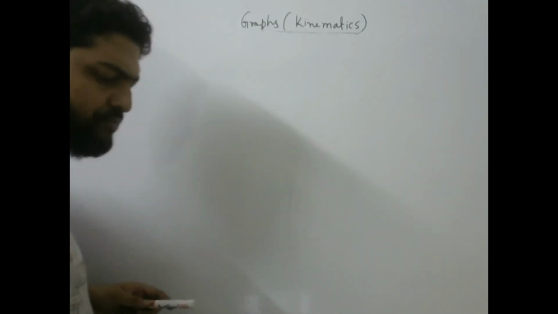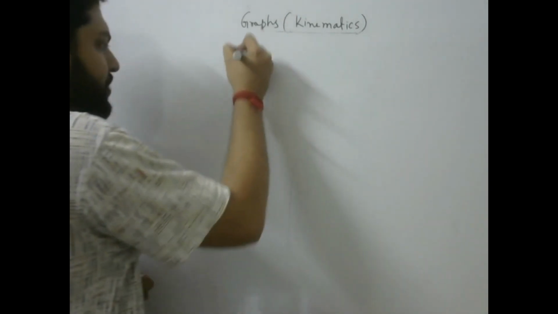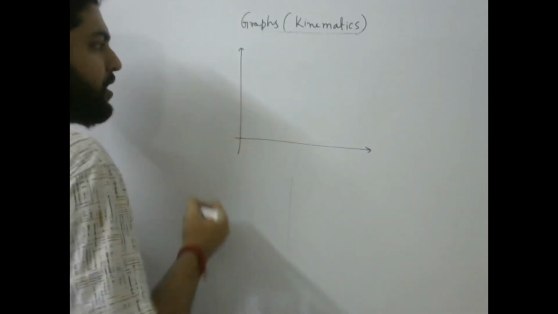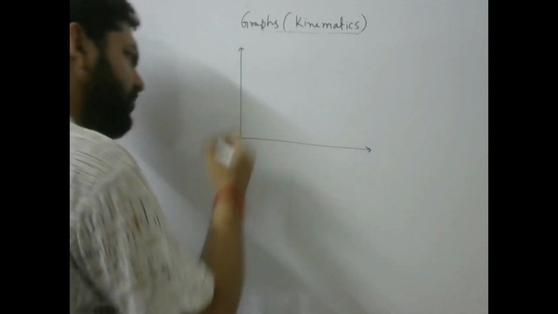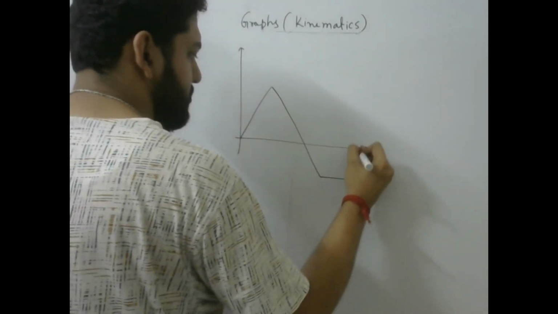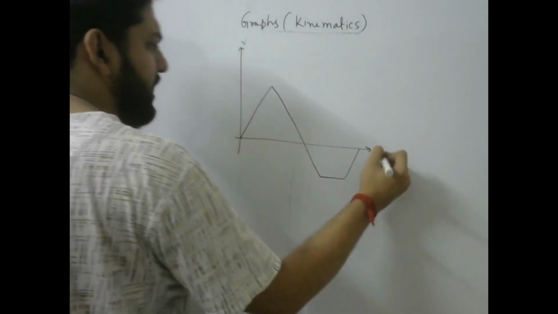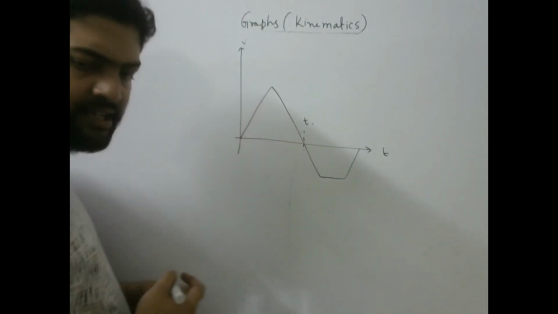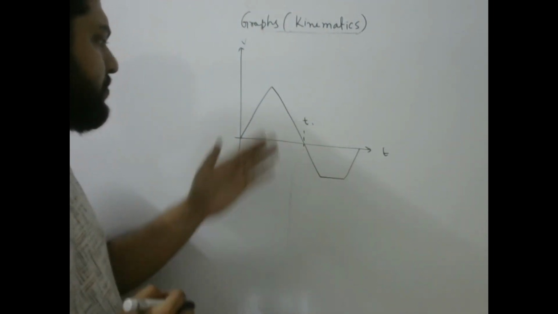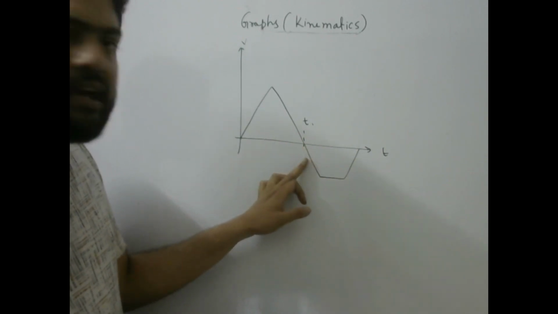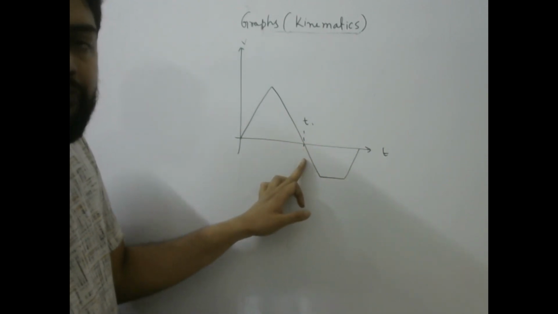If I talk about the velocity time graph, this is from a previous problem we have observed. This is an arbitrary velocity time graph, and this is T1. At T1 you can see the velocity of the particle finally comes to 0, and then it crosses the time axis and goes to the negative velocity direction.